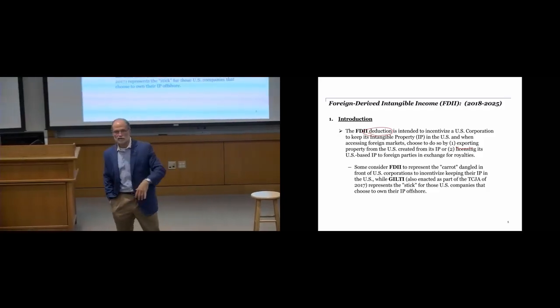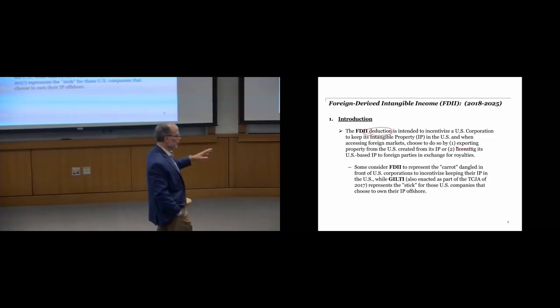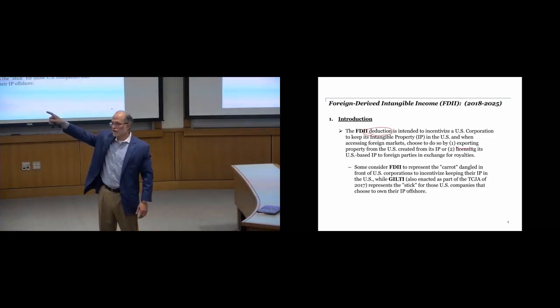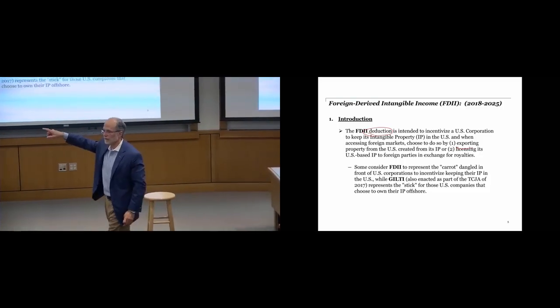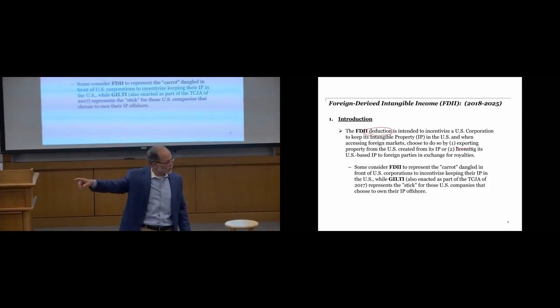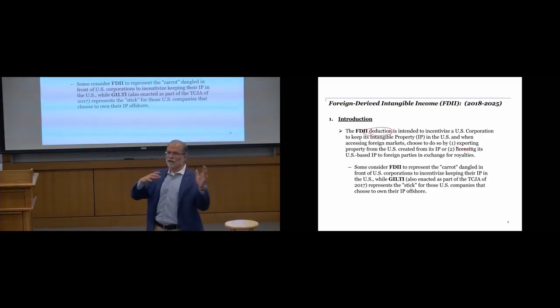Right? Companies sue companies all the time about infringement on that intellectual property. If you hold intellectual property offshore, you're not in the U.S. judicial system. There may be less protections. It may be more difficult to enforce your protections. And so all things being equal, they might want to have it in the United States.